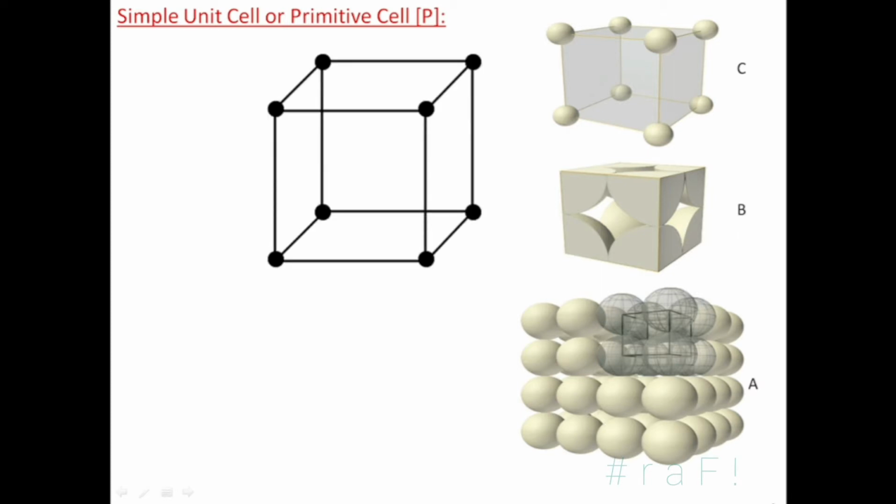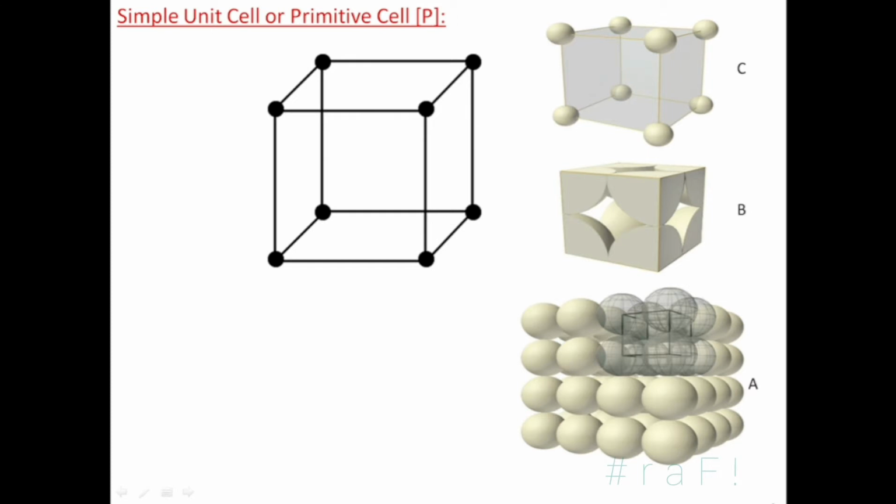You can see in figure B. Here it represents the atoms of an element taking part in the unit cell and how they are arranged. And figure C represents the cubic unit cell with lattice points. See this one also. A primitive unit cell can be shown in three different ways.